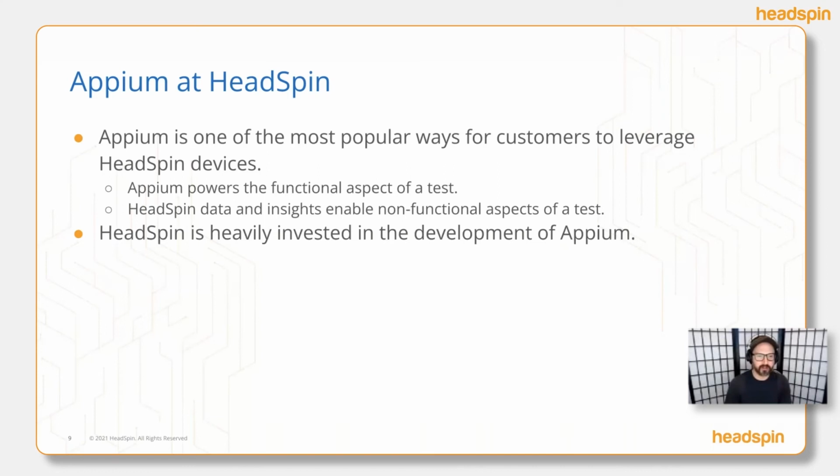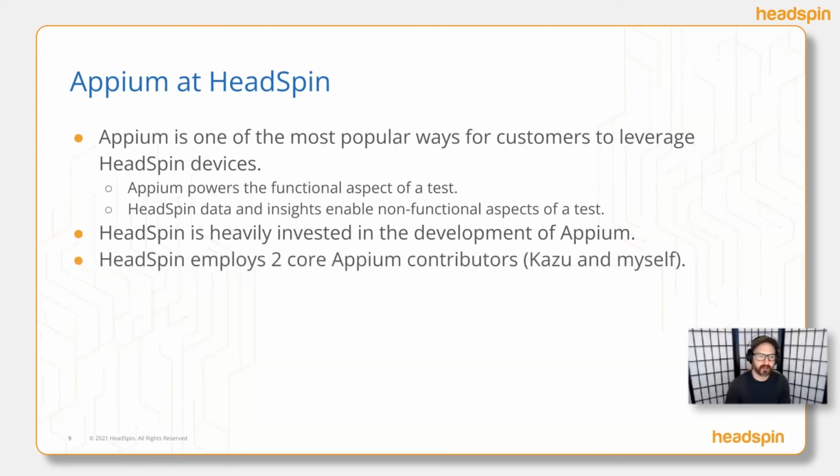Because HeadSpin likes this way of things working, and it relies on Appium in this way, it's also heavily invested in developing Appium. So that's part of the reason that I'm at HeadSpin. HeadSpin employs two of the, I don't know, there's sometimes different numbers of core contributors. Right now there are maybe four to six core Appium contributors, and two of them work at HeadSpin, Kazu and myself.